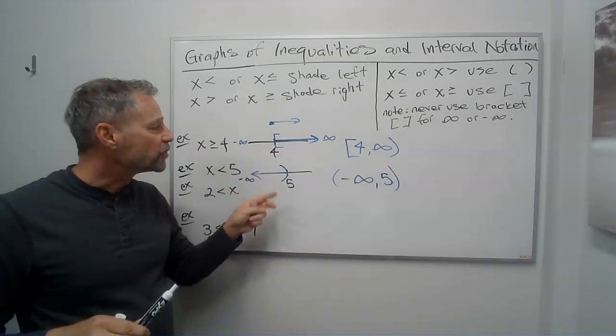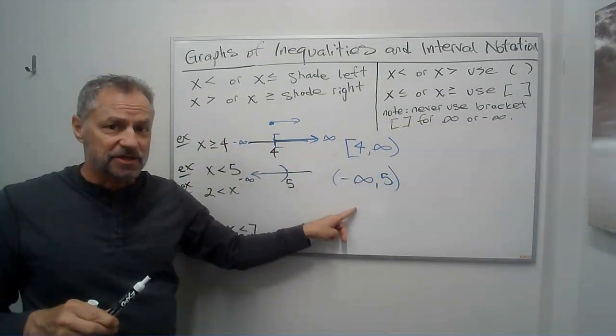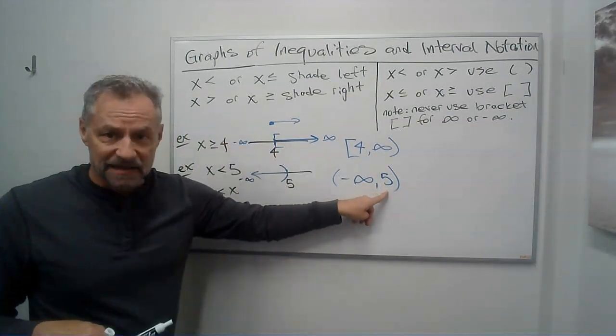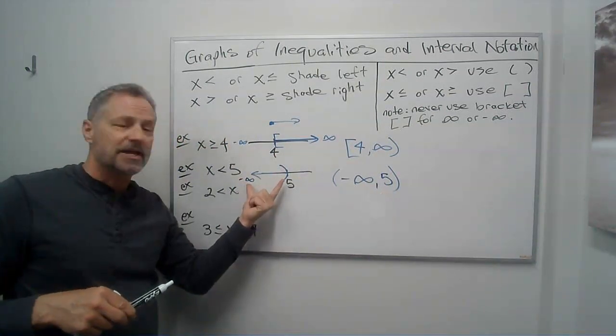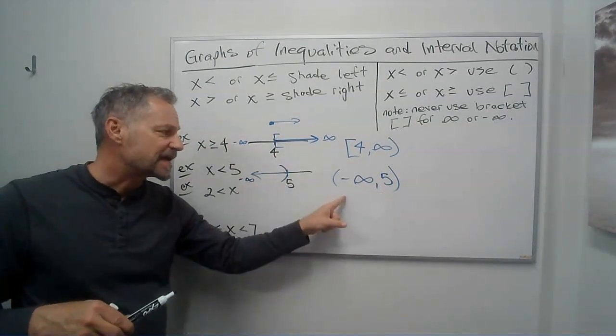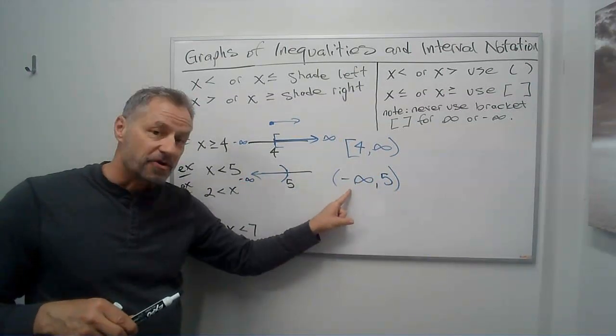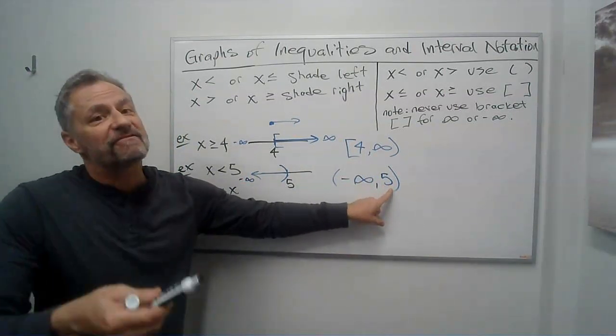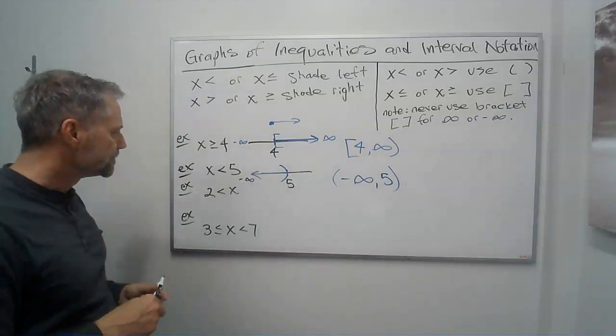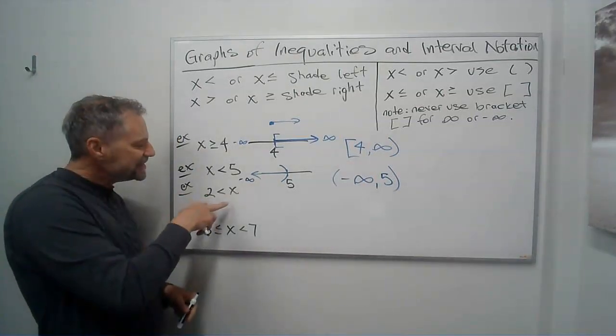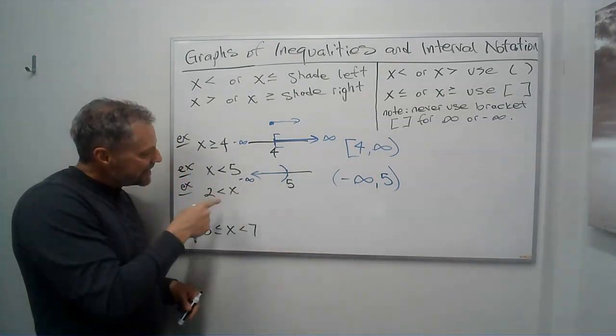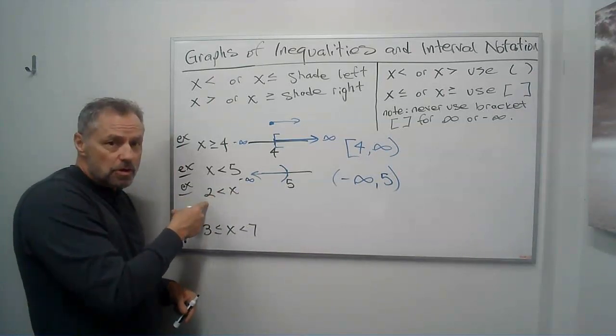Another thing you want to look for, you always go left to right in interval notation. You wouldn't write this as 5 to negative infinity. You want it to look like your number line looks. So negative infinity is as far to the left as it goes. 5 is almost as far to the right as it goes. Now, this one, students don't like. I read this in my head as x is greater than 2.